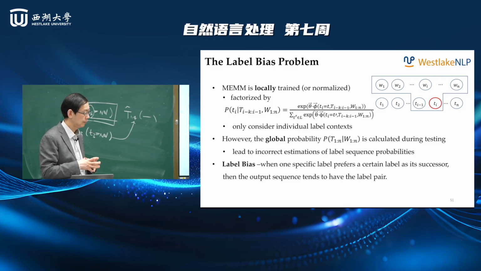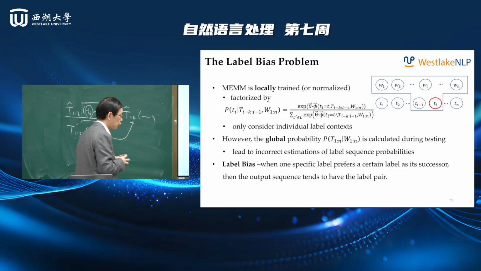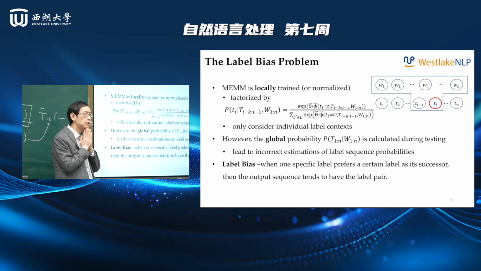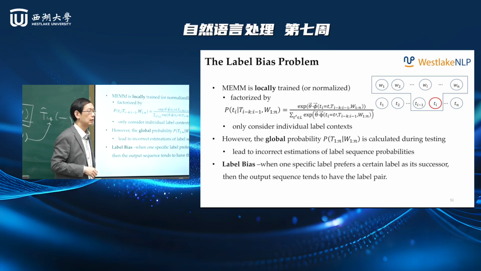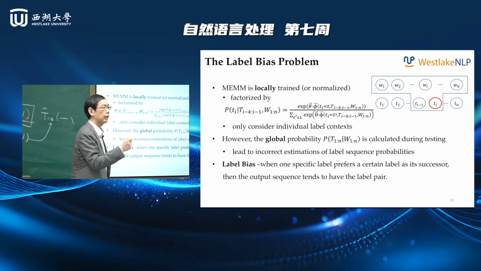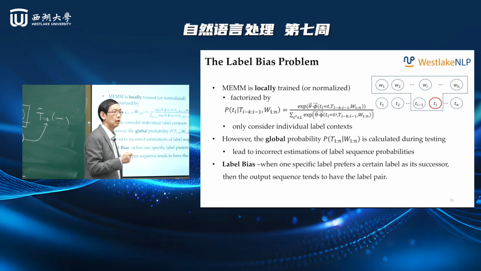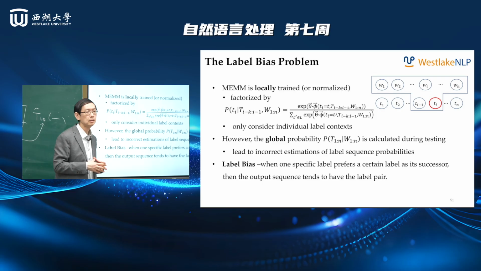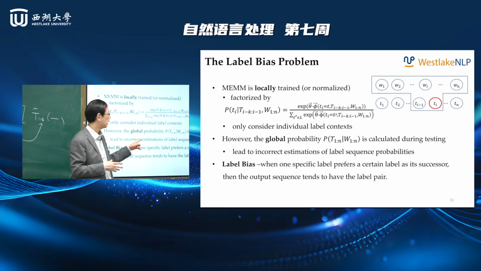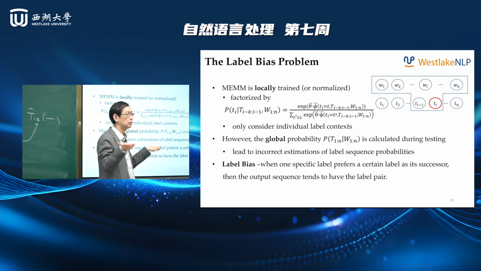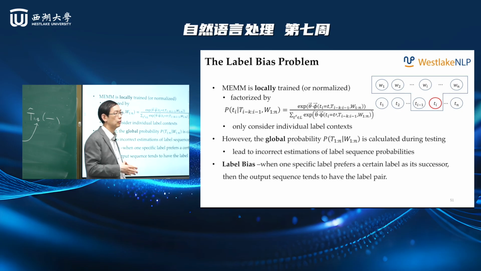What do I mean? When we train the model, we use maximum likelihood estimation, right? What did we maximize? We maximize the probabilities of every tag, given the previous tag and the word sequence, that's what we did, right? So the modeling target is what we try to maximize.